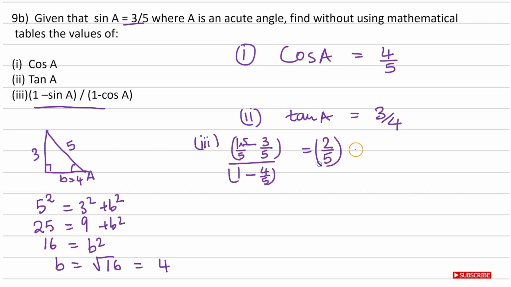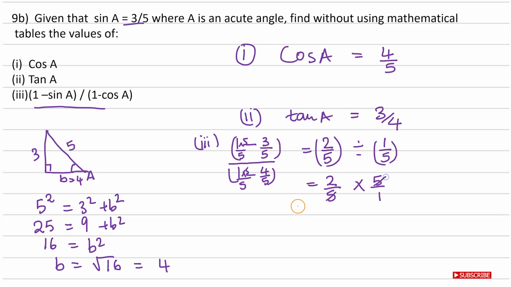And then this lot divide by this lot here. Again, same denominator, so times 5 here, that's 1 times 5 is 5, take away 4 is 1. So 1 over 5. So divide by 1 over 5. Now you've got these two fractions we're dividing, so we can do equal to 2 over 5 times, we need to flip that one, 5 over 1.